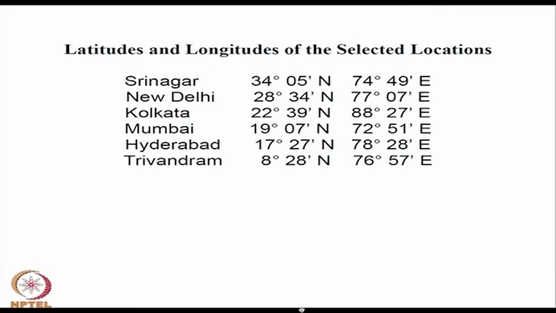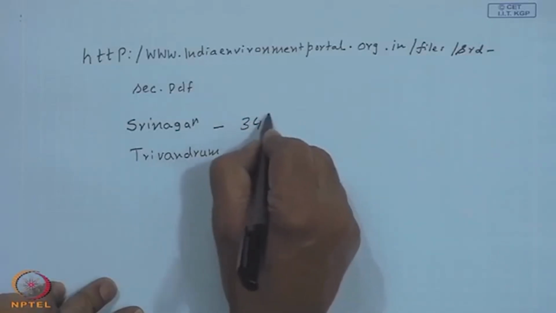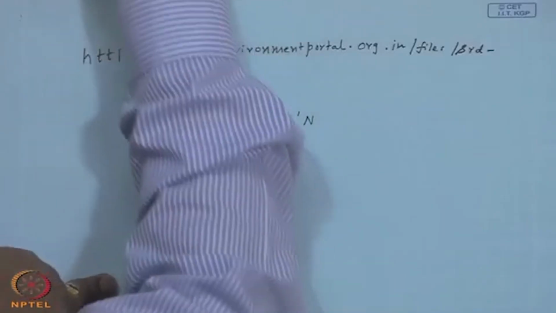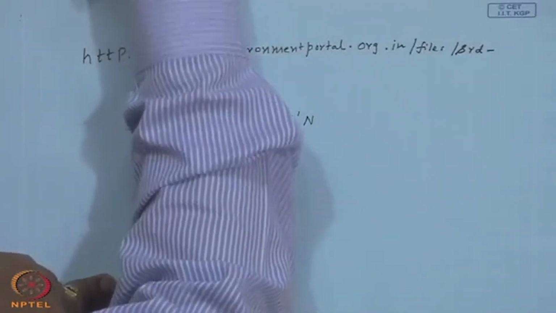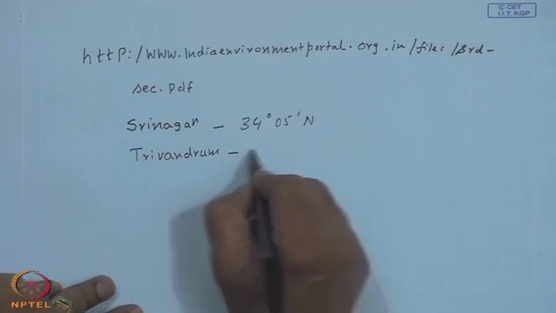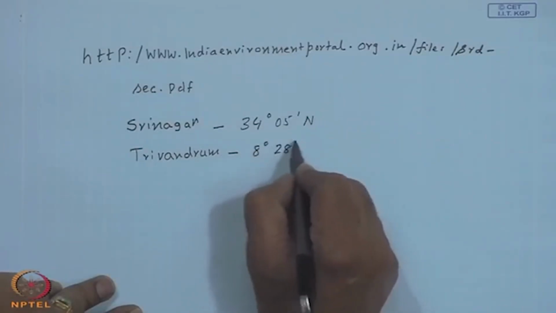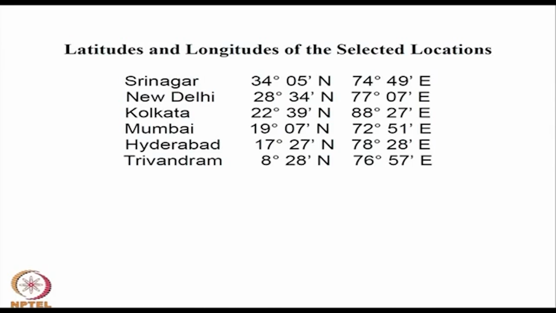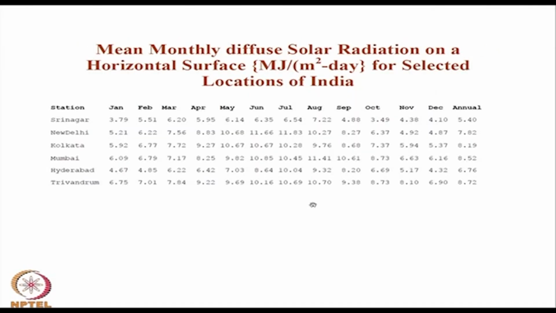Srinagar has a latitude of 34 degrees 05 minutes north, and of course, the corresponding longitudes also are given over here, whereas Trivandrum has 8 degrees 28 minutes N. One of the ideas is not just I have taken south, north, east, west and something middle, so that you will have a feel for the variation in the solar radiation.